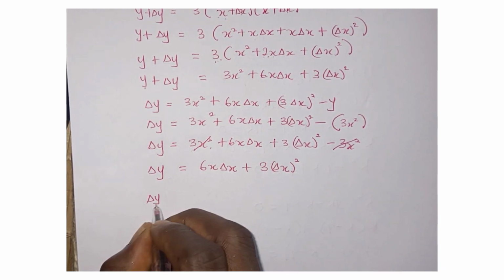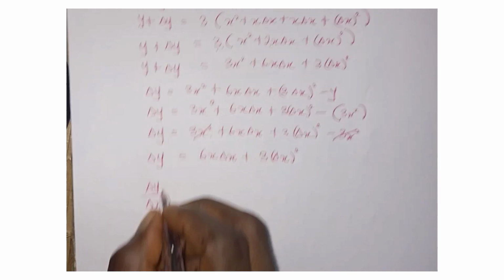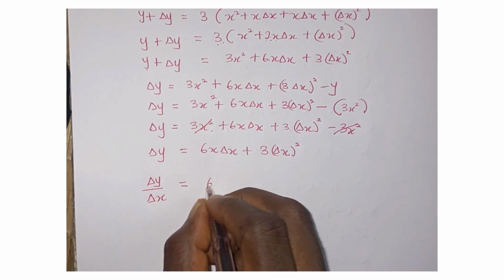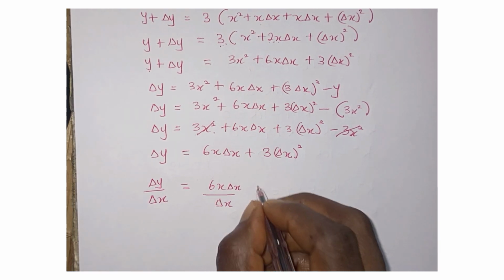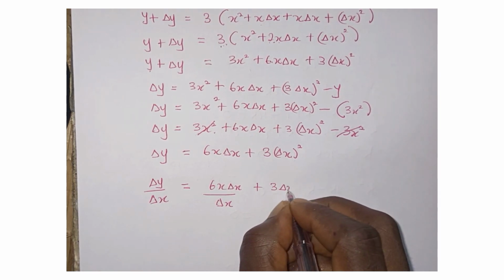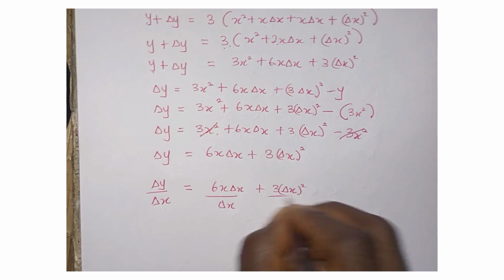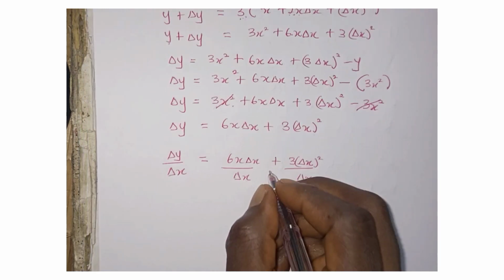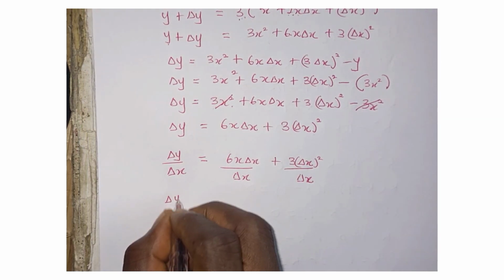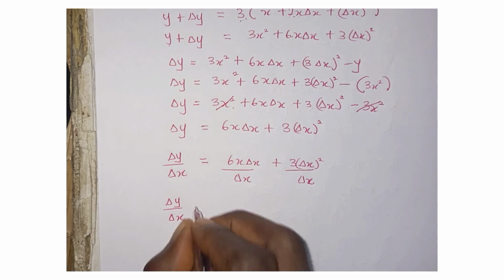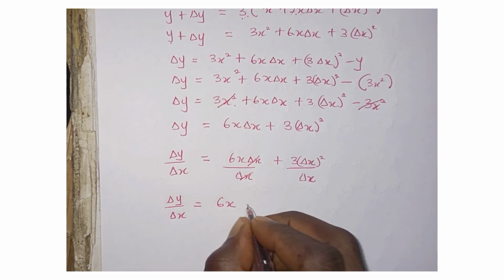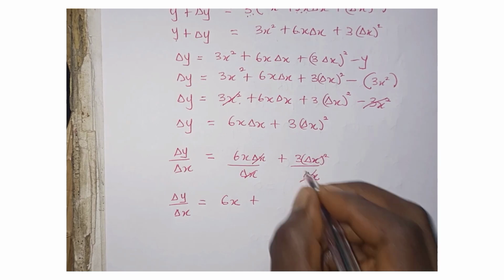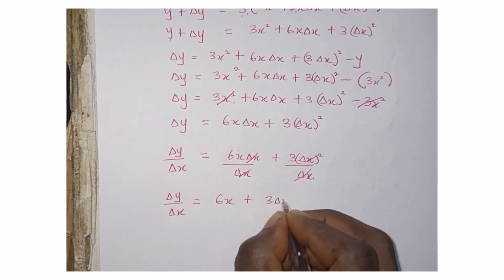So change in y over change in x will now be equal to 6x change in x over change in x plus 3 change in x all squared over change in x. So from there, change in y over change in x will now be, this will cancel this. What remains is 6x plus, this will cancel one of these, it will now remain 3 change in x.